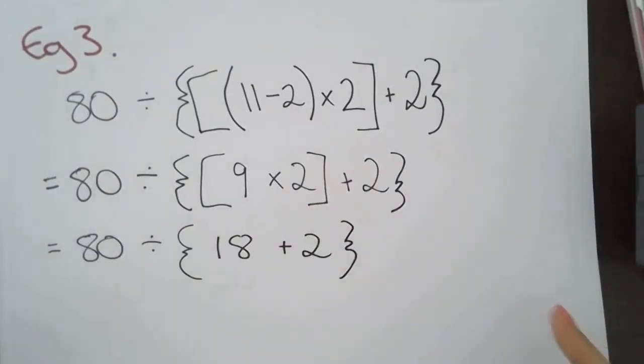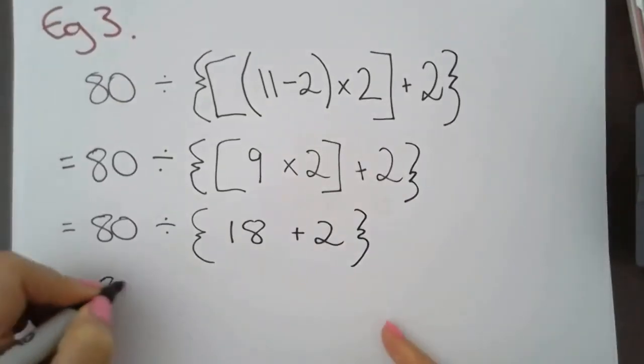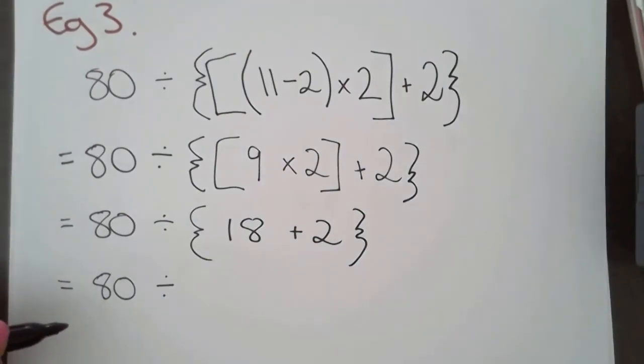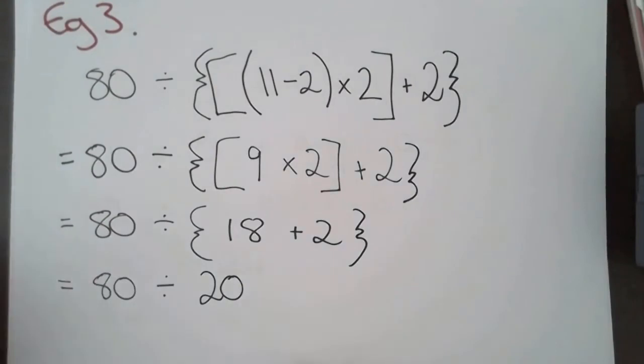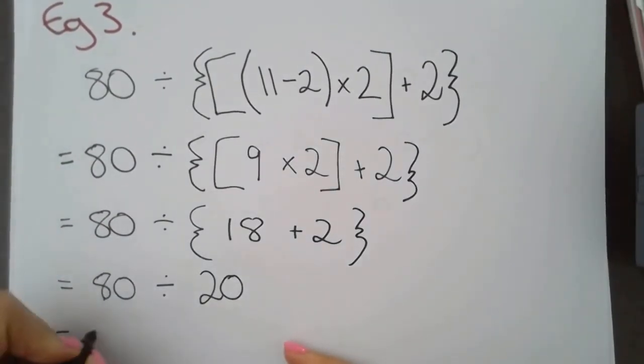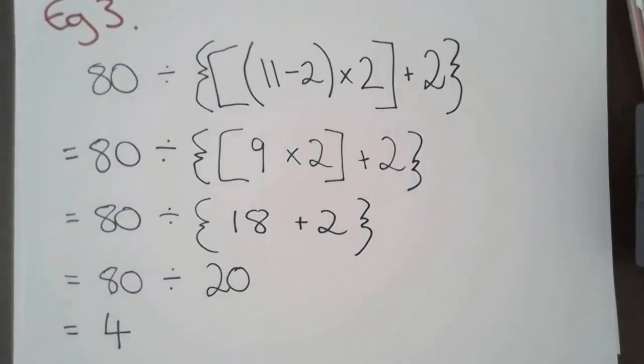So see how we've again now eliminated the next set of brackets. From there 80 still stays. You just bring down all those numbers that you're not dealing with just yet. You go 18 plus 2 is 20. Then we go 80 divided by 20 is going to be 4. Okay, so that's it. I know it looks tricky, but it's not, and you'll be fine.